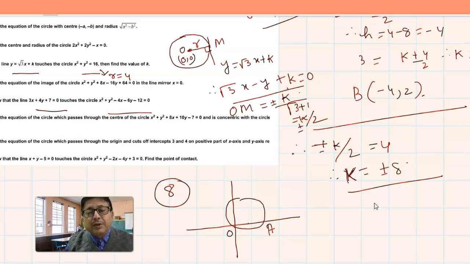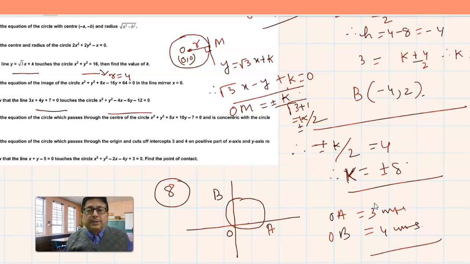This OA is equal to 3 units and OB equal to 4 units, it is given in the problem. And it is passing through the origin. So just one common class 11 concept will help us to understand the sum. It is passing through the origin and this angle is 90 degrees.